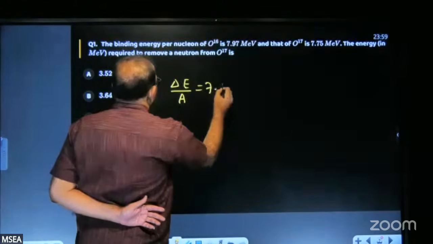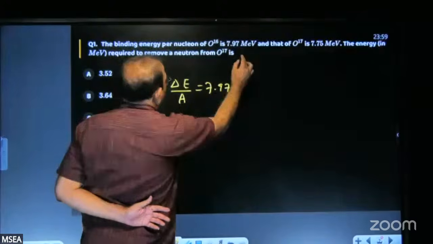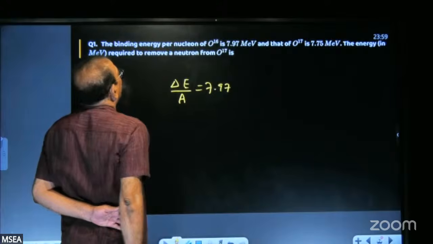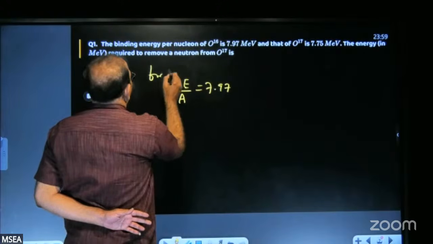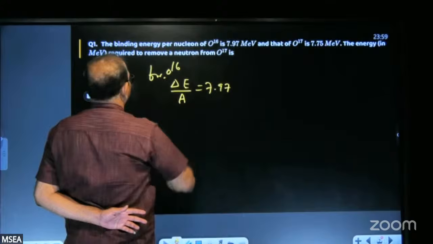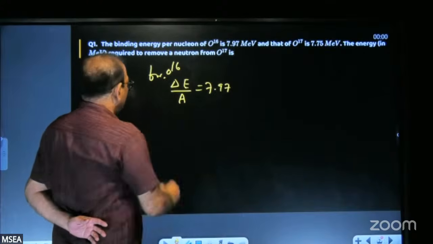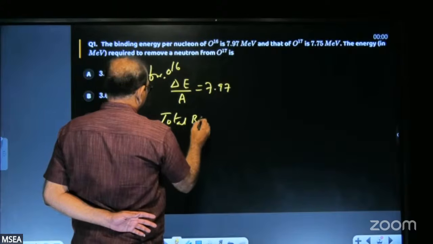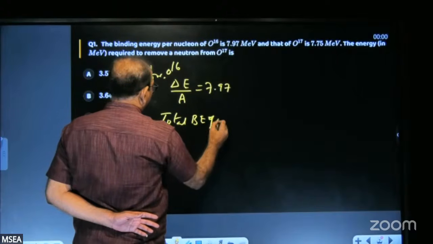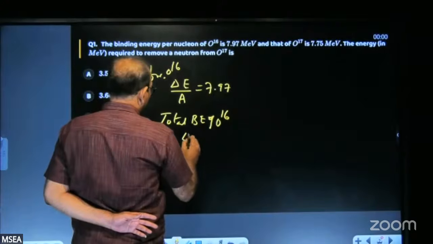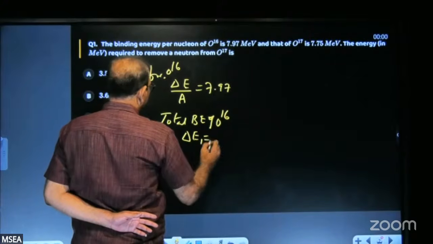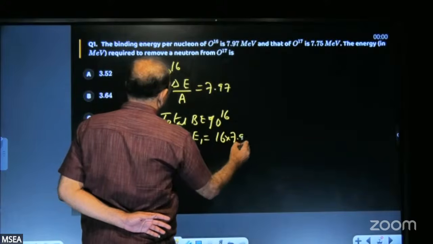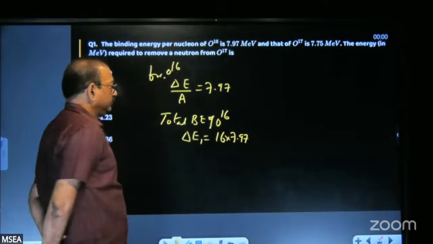This is given as 7.97 million electron volt for oxygen 16. So you find the total binding energy. Total binding energy of oxygen 16 is 16 into 7.97.